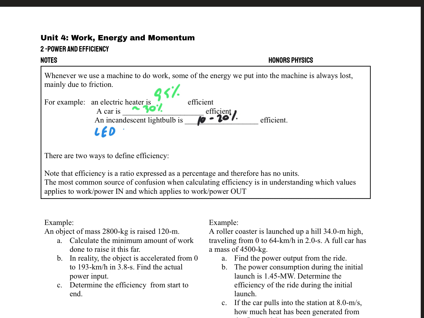I found a little website that has a couple of things here. But an LED light bulb, which most people are buying these days, is only about 40 to 50% efficient. I'm not sure if that's right. I might have to do a little more research on that. All of these percentages seem kind of low, but anytime you use energy for any reason, you have a lot of loss that's generally due to heat and/or friction.